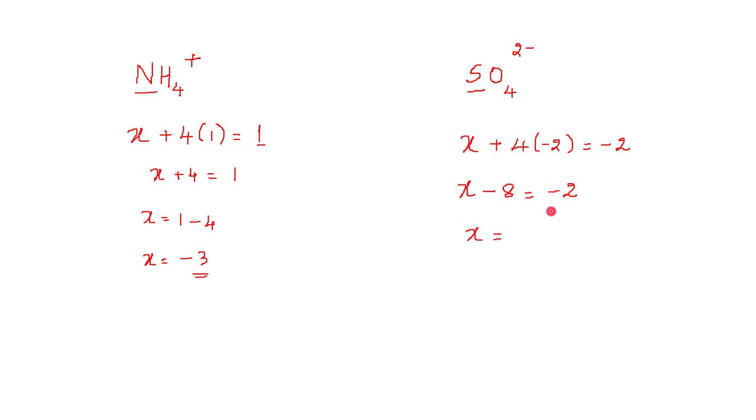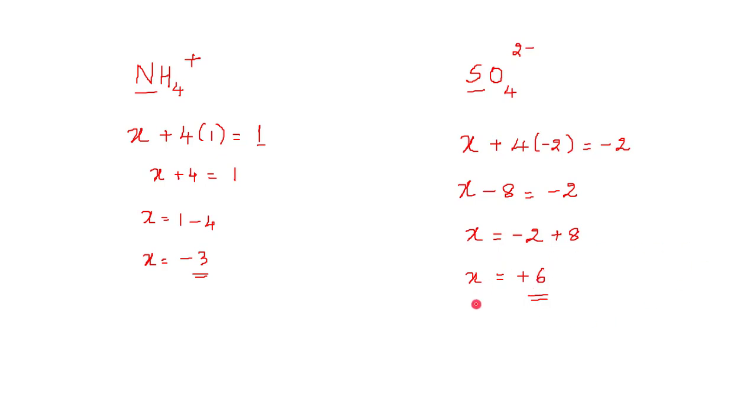X equal to -2, and -8 you take to the right side, it will become plus 8. That is equal to plus 6. So the oxidation number of sulfur in this ion is plus 6, right?